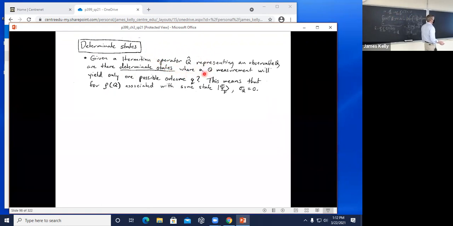And so we could ask, if we measure that quantity, is it ever possible that we could put a particle in a state such that we would only get one possible outcome? In other words, we don't get some rho as a function of Q for that operator, but we essentially get a delta function. Only one non-zero value is going to be measured.